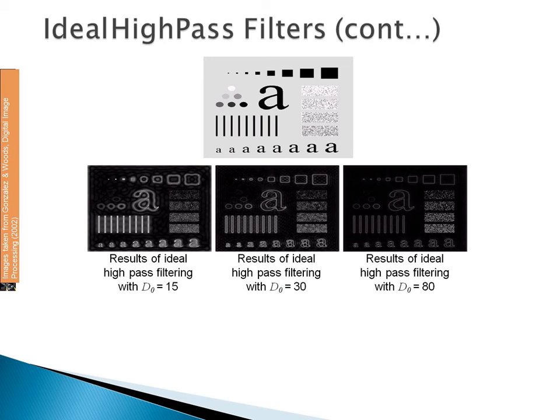As in the case of the ideal low pass filter, the ideal high pass filter is also not practically realizable. However, we consider it for completeness, and its properties can be used for explaining phenomena such as ringing in the spatial domain.